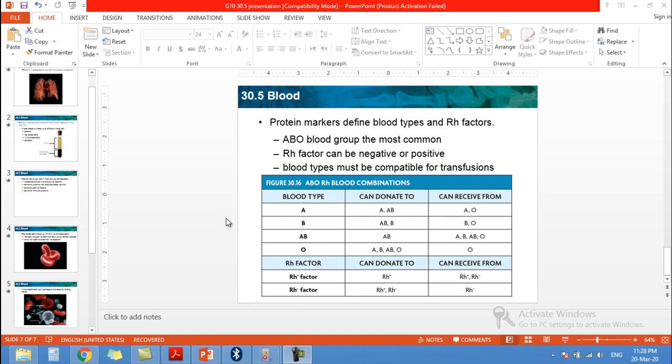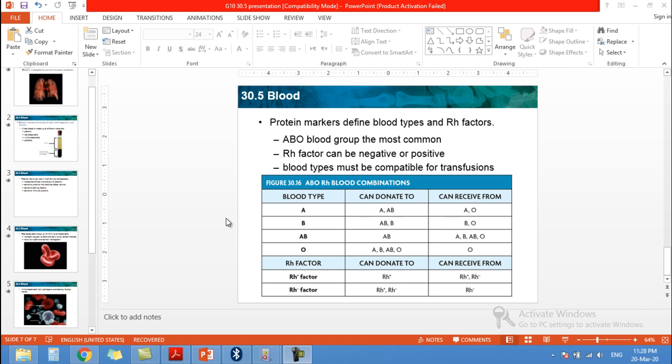And now we will move to the other group, which is the Rh. The Rh marker is the second factor, which is found in Rh positive and not present in Rh negative. So Rh negative is like O, because it does not have the protein marker.